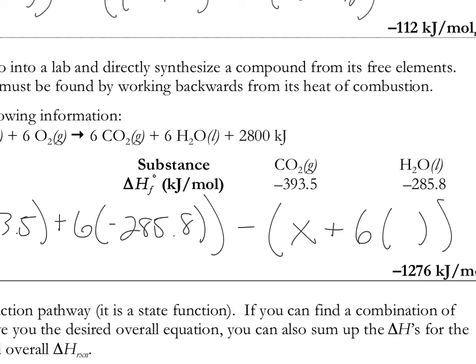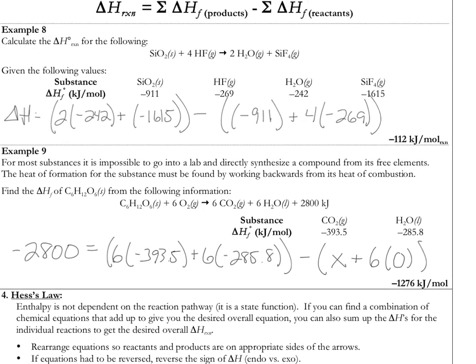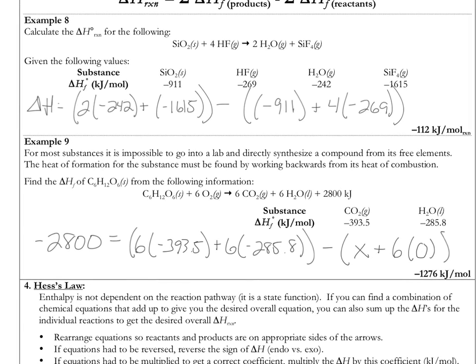What is it? The important thing is to remember that elements in their free uncombined state, in their standard state, have a heat of formation of 0. So to form oxygen gas from oxygen gas takes no energy.